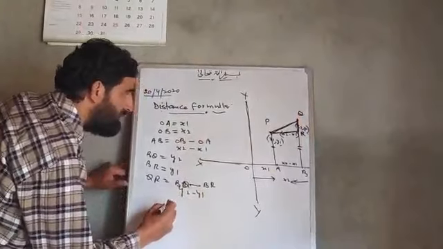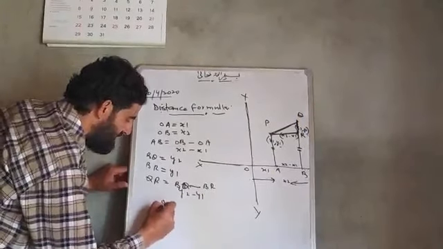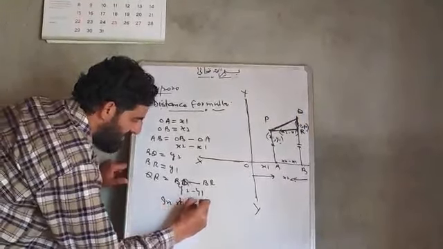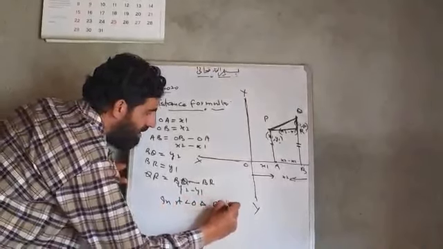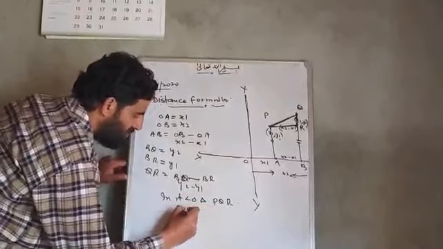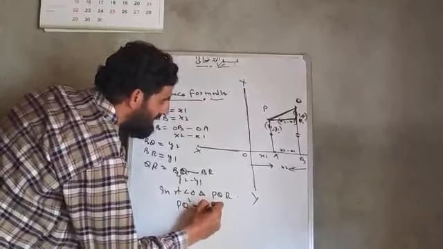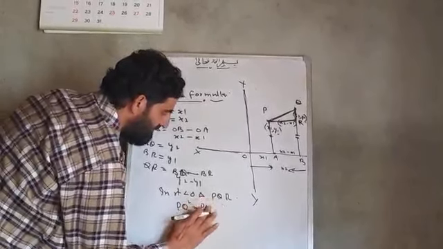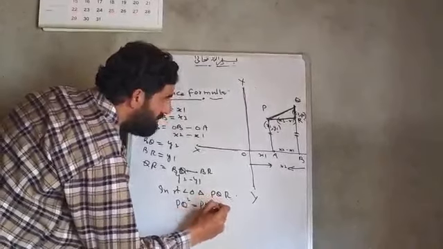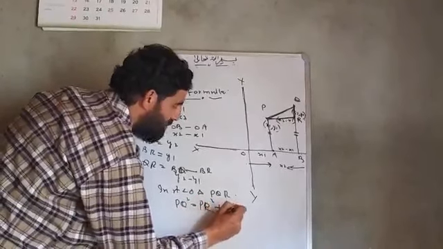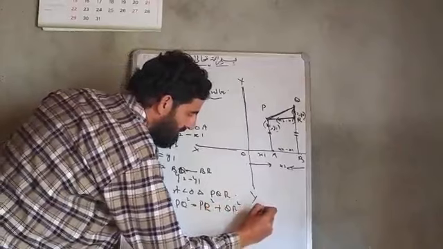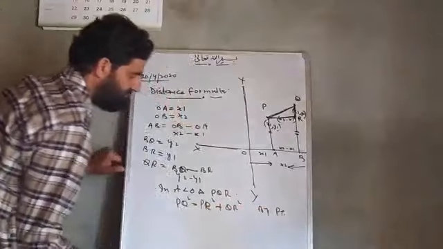Now applying Pythagoras to this triangle, in right angled triangle PQR, PQ square, the hypotenuse square, is equal to the base square, this PR square, plus QR square. This is by Pythagoras theorem.